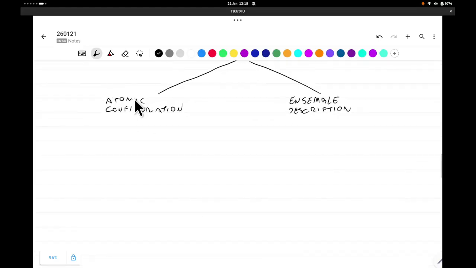The atomic configuration means that one way or another, one starts from a set of positions and atomic numbers to uniquely identify each atom.